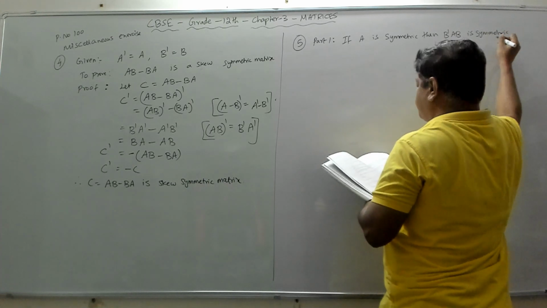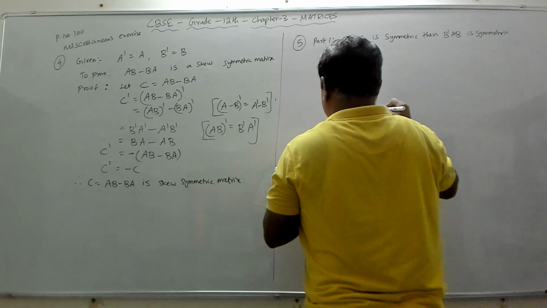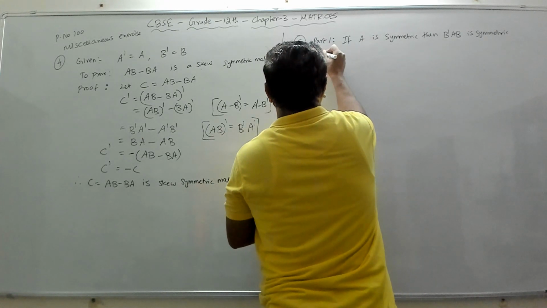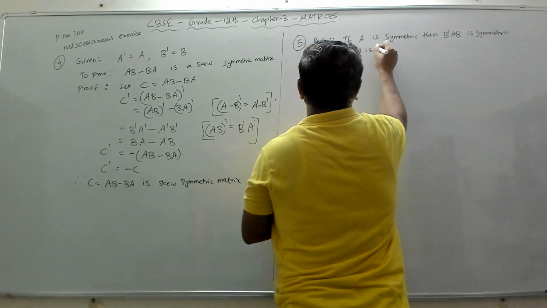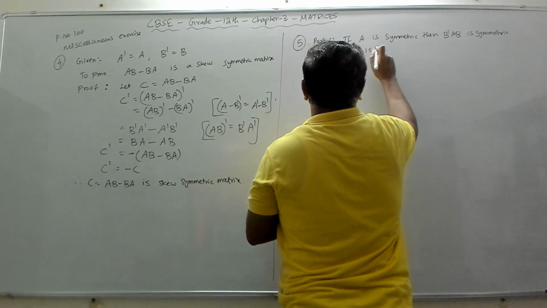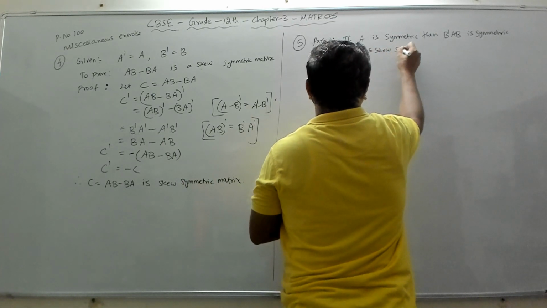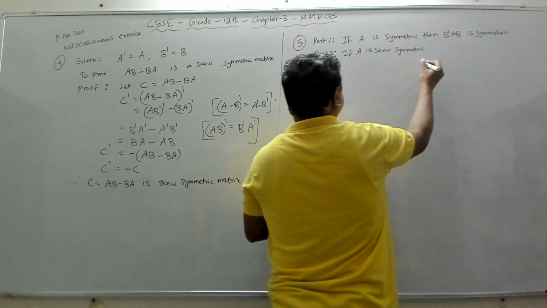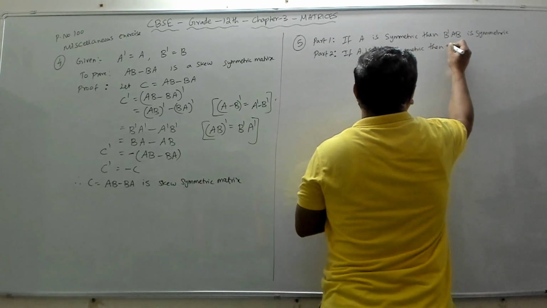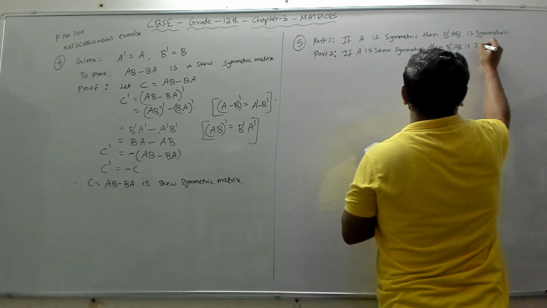Symmetric means symmetric matrix. Then part two that we have to show is, if A is skew symmetric, then B transpose AB is also skew symmetric.